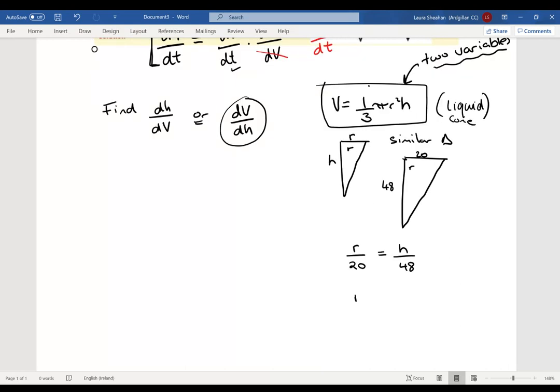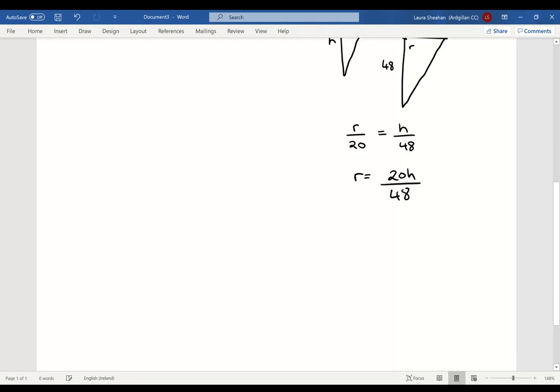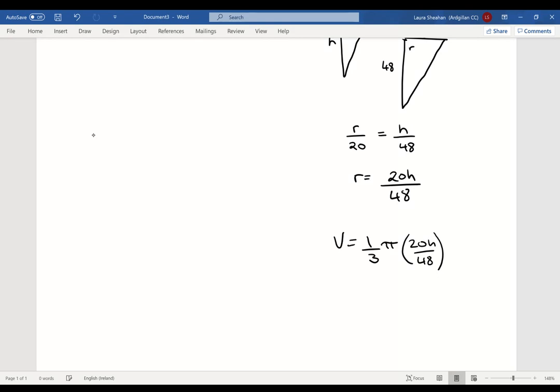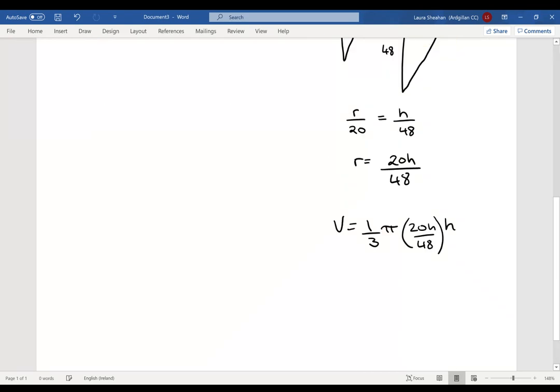So my radius is equal to 20h over 48. Then I can take my volume, which is a third pi r squared, which is now 20h over 48, squared, times h.